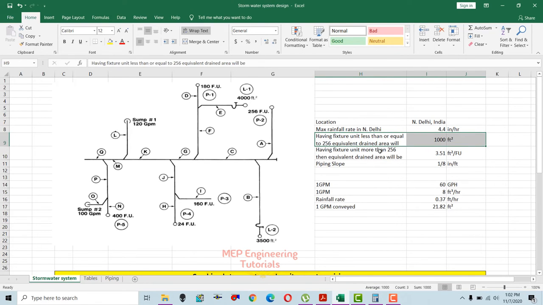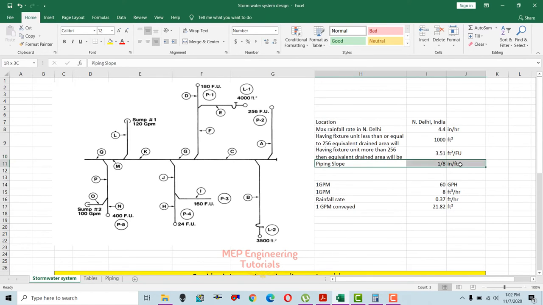And if you have more than 256 fixture units, then for the equivalent drained area you will take 3.51 square feet per fixture unit. That means for every increment in the fixture unit after 256, you need 3.51 square feet per fixture unit. And how did you get this value, I will tell you later.